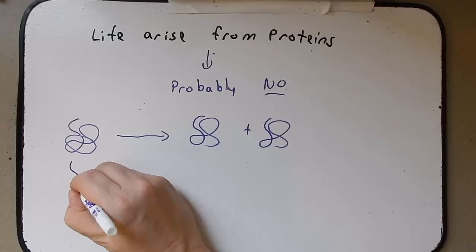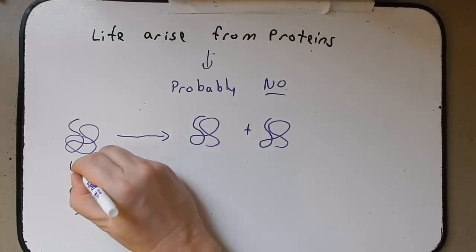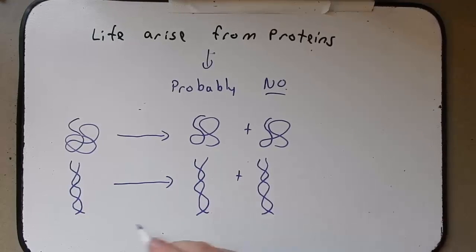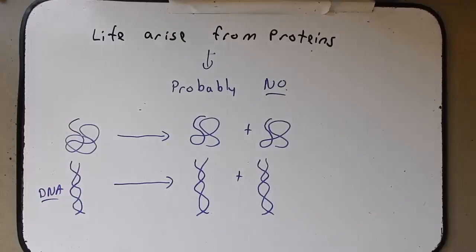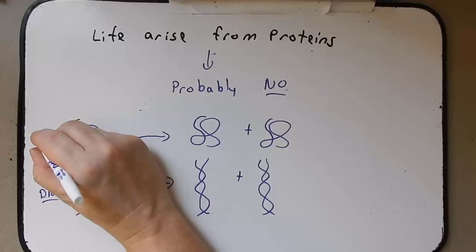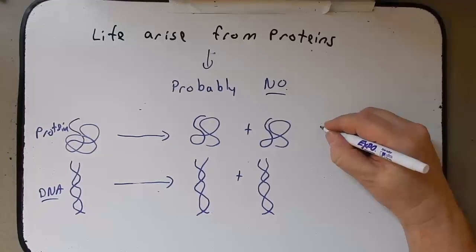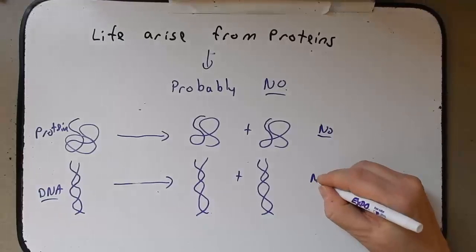DNA, as we'll talk about in our next podcast, has the capacity to replicate itself. So is DNA the first molecule of life? And the answer is probably also no. Let me put no here, and no by DNA.